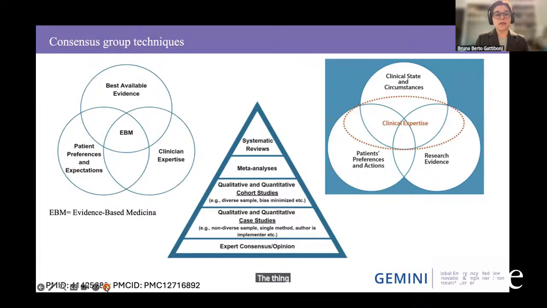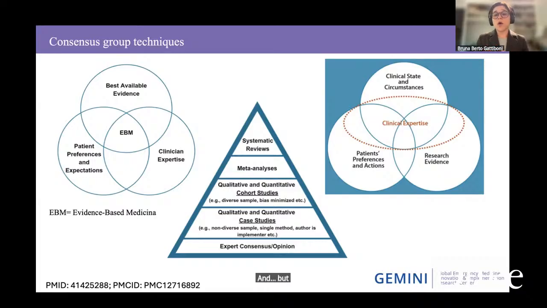But the thing is, as we can see in this image, in evidence-based medicine we need different things like the best available evidence, the patient's preferences and expectations, and clinician expertise.